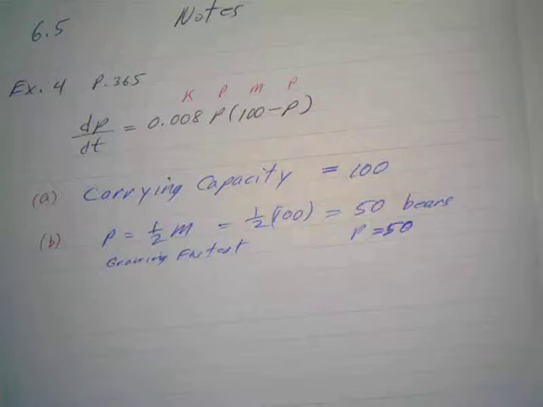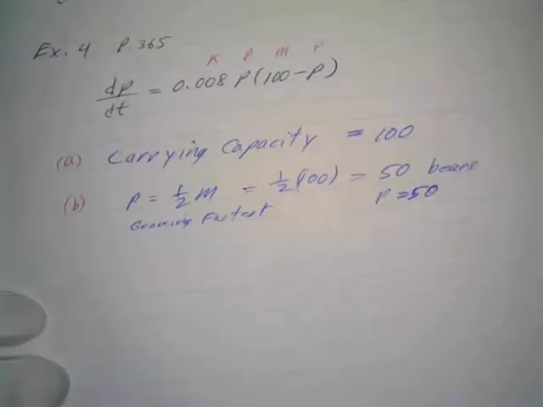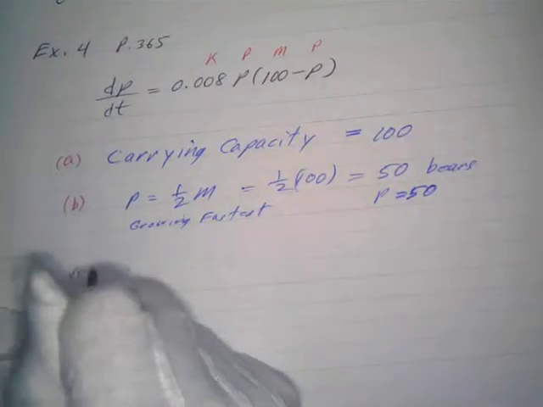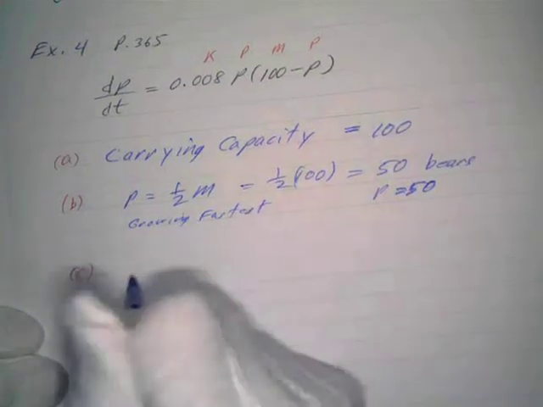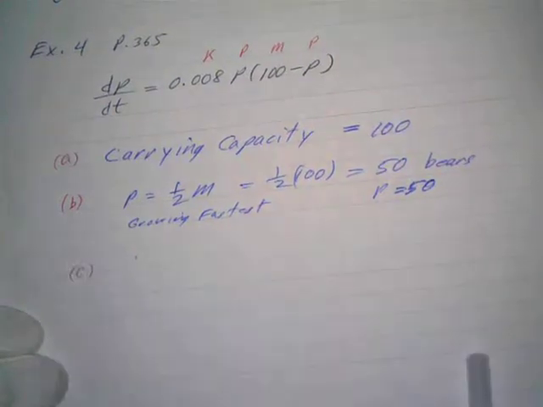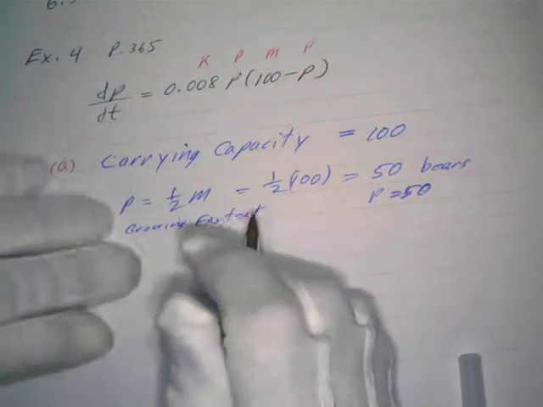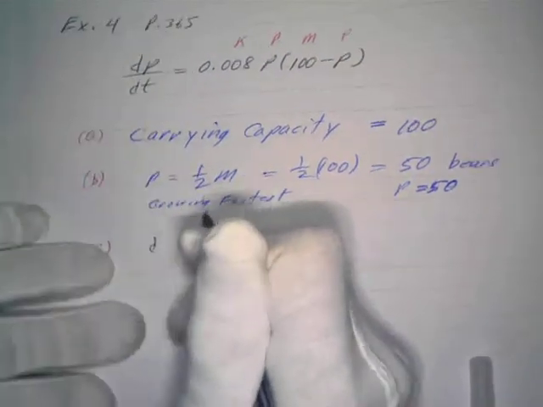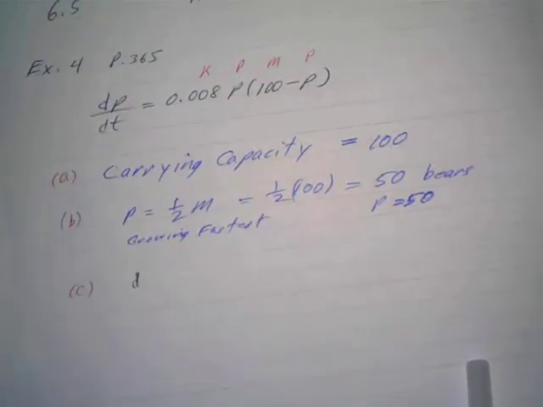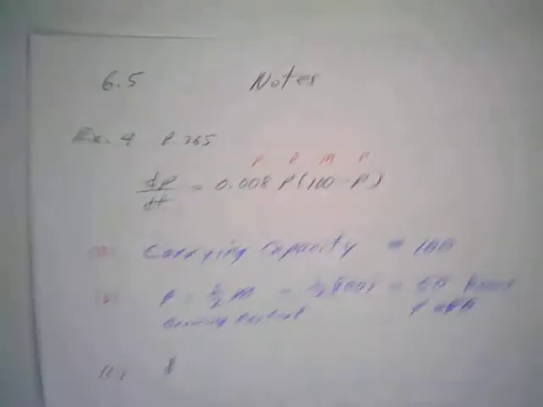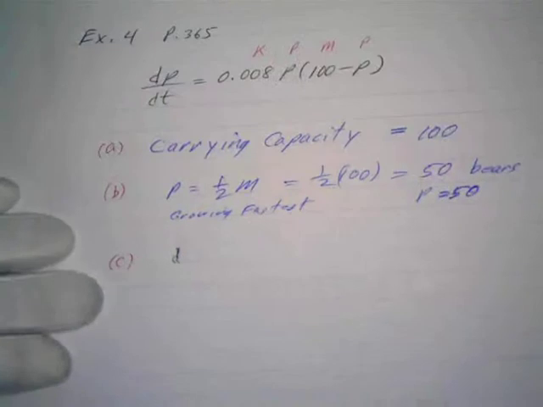What is the rate of change of the population when it's growing the fastest? So we've got our formula, and that's what we started with up here.